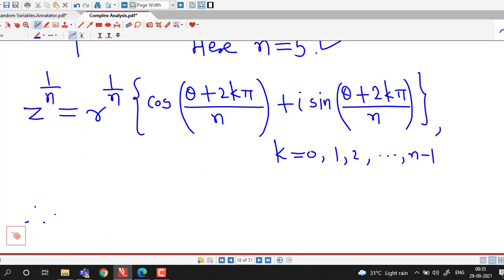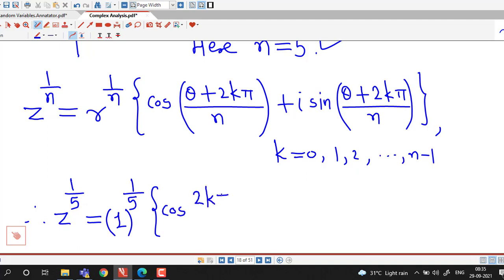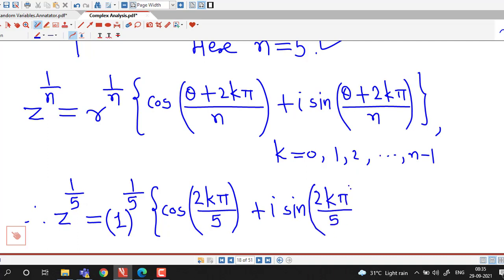Therefore z raised to 1 by 5 equals 1 times cos of 2k pi divided by 5 plus i sin of 2k pi divided by 5; the angle is the same in cosine and sine.